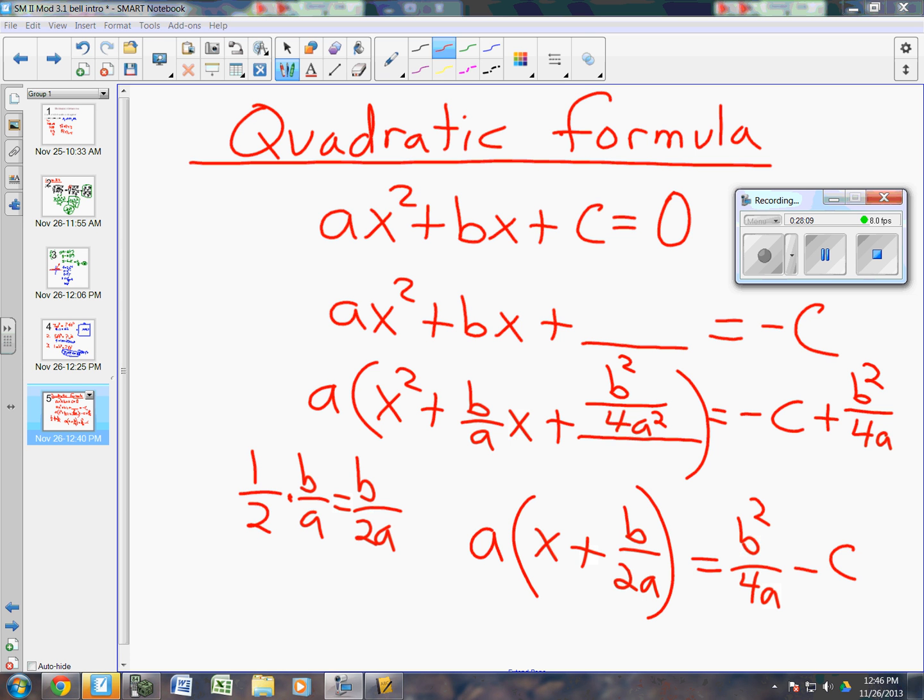This a that was right here squared, how did I get rid of it right there? When I times this a by this, because that's really what I added to this side, is this times this. I have to add whatever that is to that side. When I times a, b squared over 4a squared is what I got. This a will cancel with one of those a's, so it was left with b squared over 4a.